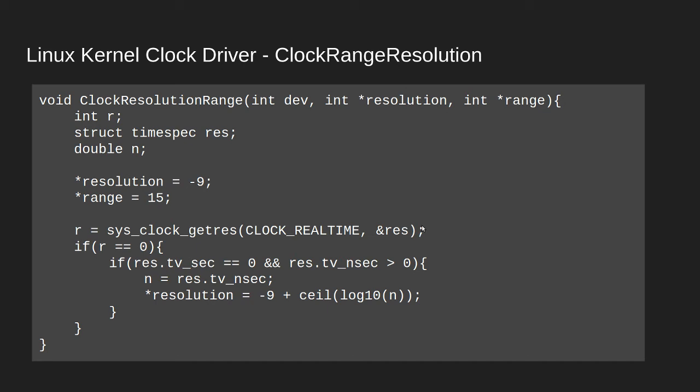It contains seconds and a nanosecond fraction. If this call succeeds, we check that the seconds is 0, because the resolution will probably not be in the matter of seconds. It will probably be some nanosecond resolution. And we check that the nanosecond resolution is above 0, because a resolution of 0 would not make any sense.